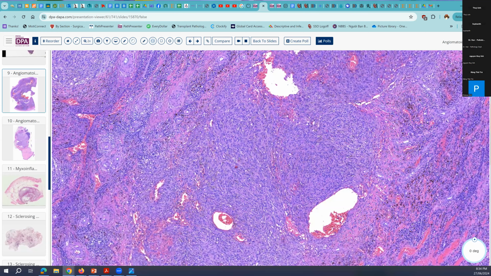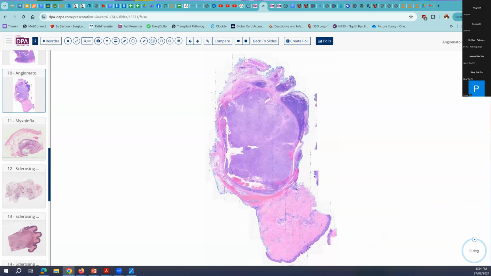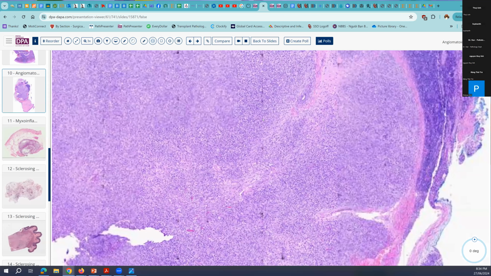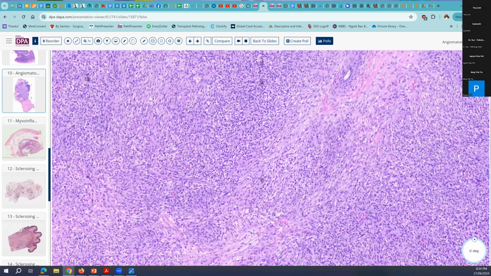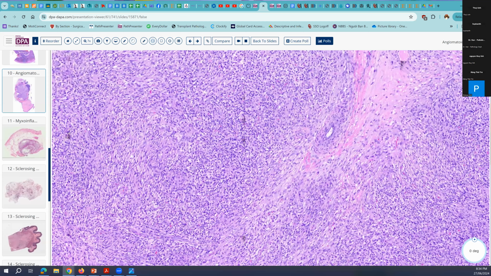Let me show you another lesion, this one from the skin. You can see a deep nodule, several centimeters or so. Notice that we have this same sort of vaguely nodular, spindle cell, somewhat vascular lesion with some scattered inflammatory cells amidst this.